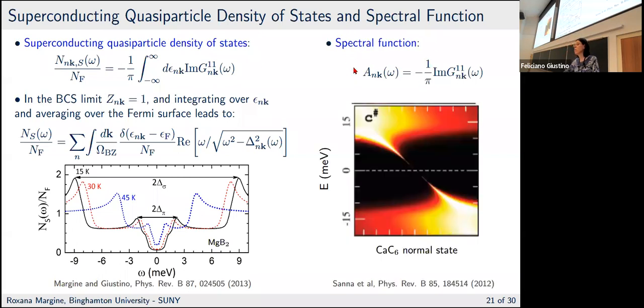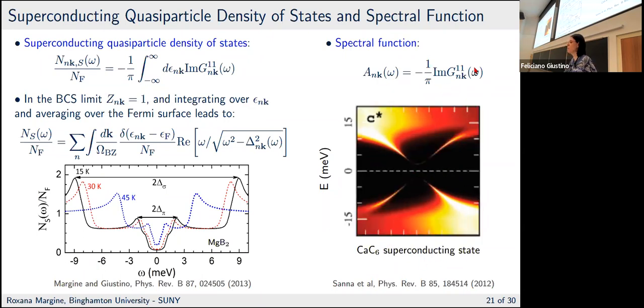And if you calculate as a function of k and omega, you can also get the spectral function. And you can see from this plot, this is crossing the Fermi level, so there is no gap. So this will be how the spectral function in calcium C6 looks in the normal state. And then if you were to calculate the spectral function in the superconducting state, you will get this gap.